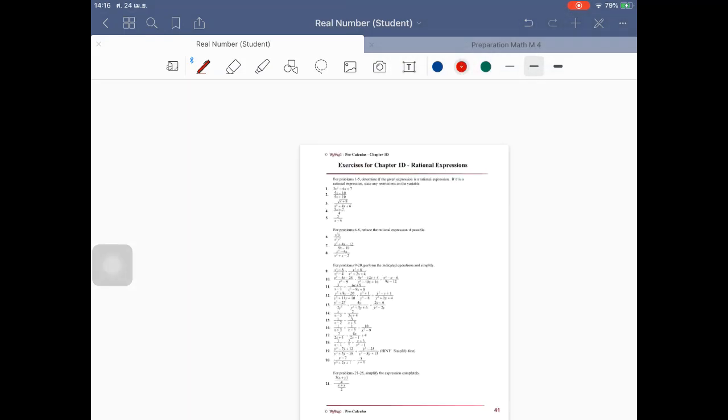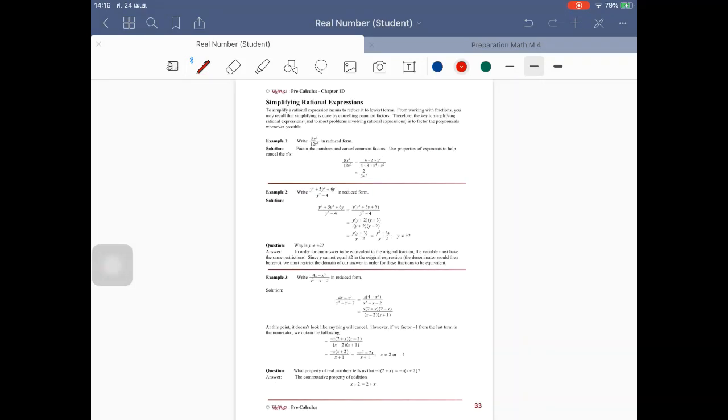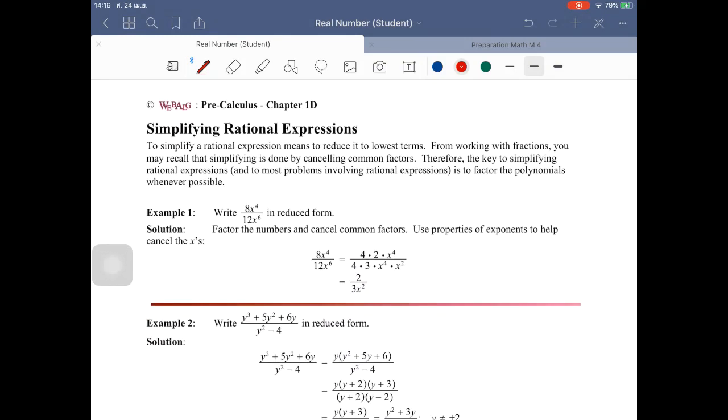Okay, continue. Go back to the text. The second topic, simplifying rational expressions. Simplifying a rational expression means you have to simplify it into the simplest form by using the old theory we have studied throughout the course.